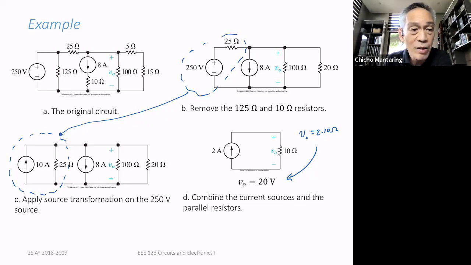You cannot take that out, no? Because that affects the current that this is delivering. So ang sinasabi ko lang dito, you can take this out or you can take this out if you are determining something that is apart from that.